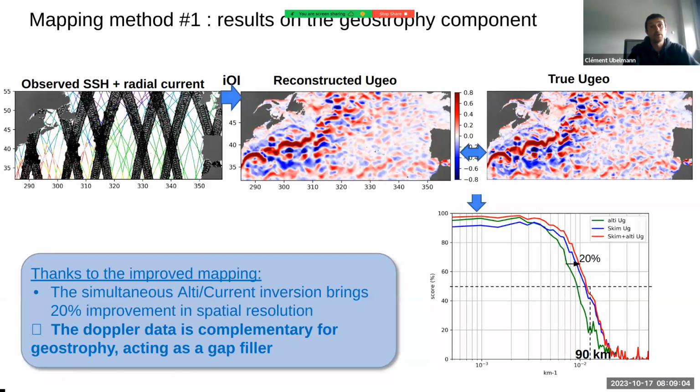And I'll go quickly on that, but the use of these oscillatory kernels also allows us to better reconstruct the whole range of scales, with a good addition when we also use altimetry, but it's not necessary.